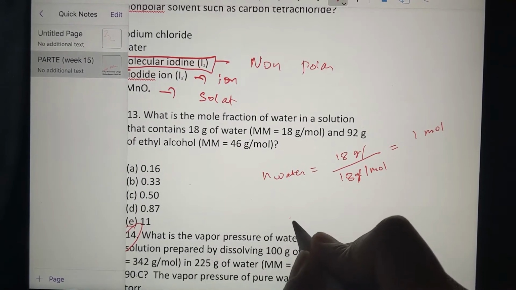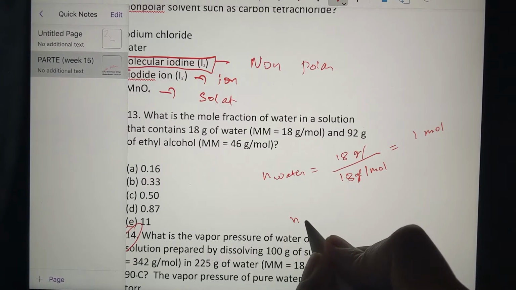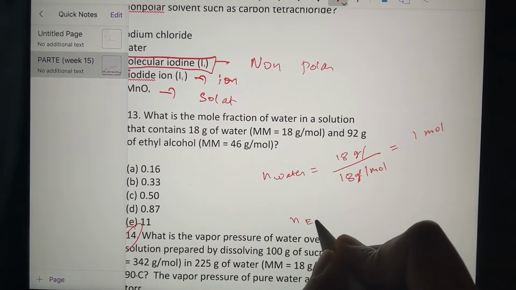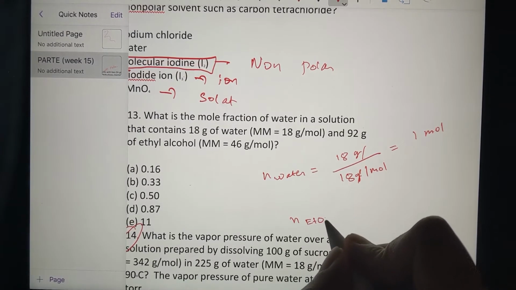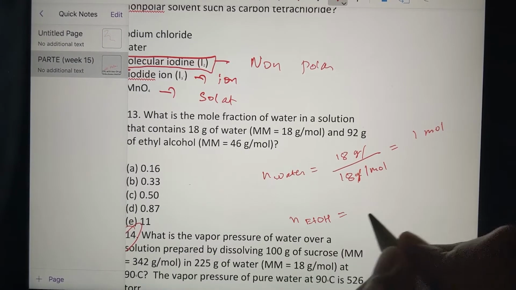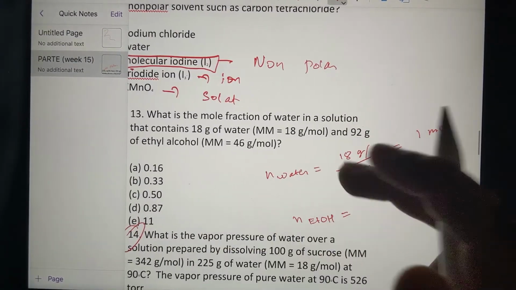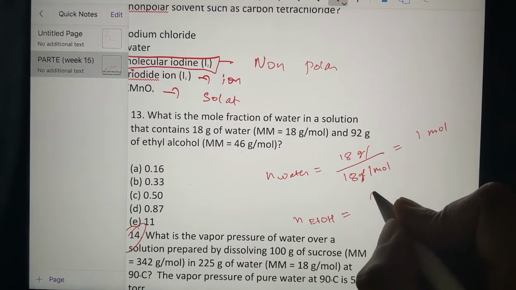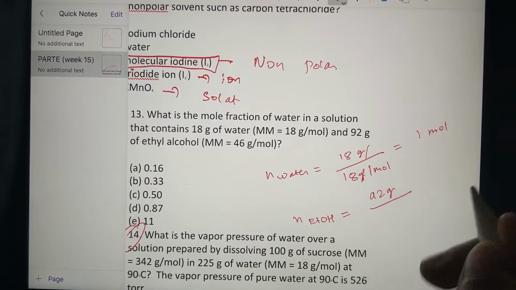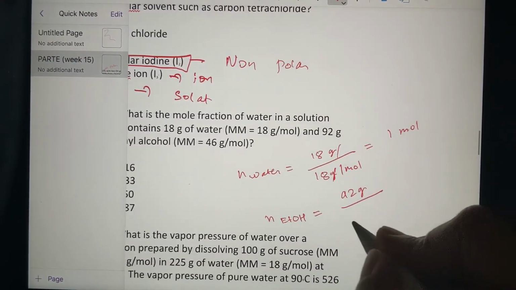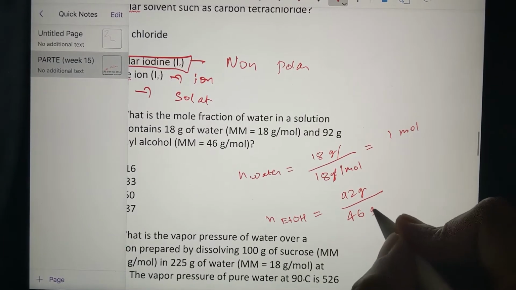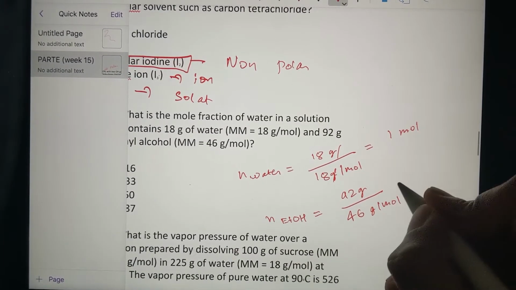Okay, and then the number of moles of ethyl alcohol is going to be the mass of this ethyl alcohol, which is 92 gram divided by 46 gram per mole.